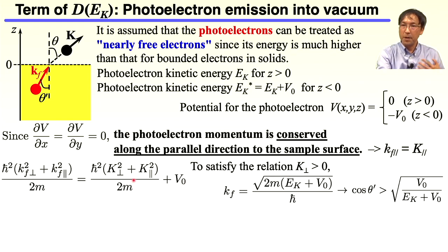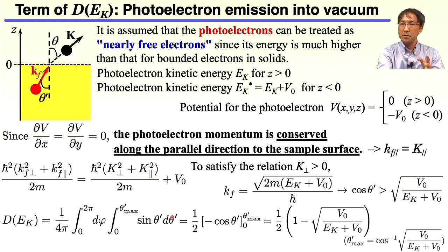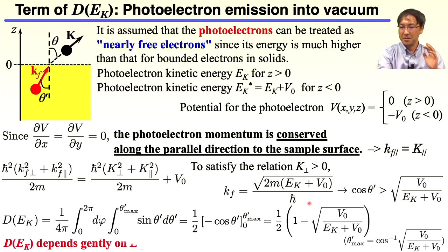Then the probability of the photoelectron emission into vacuum, the term D, is expressed by this formula, which can be analytically integrated like this. Finally, we obtain the term D in this form. This function has no peak structure but changes gently with Ek, the observed photoelectron kinetic energy.